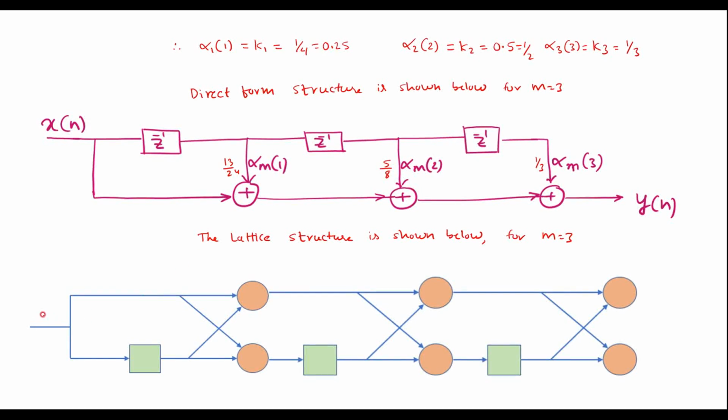So this is the lattice structure. Here we have the input x of n. This is plus, this is plus. Here we have z inverse, and this is nothing but k1. Its value is 0.25. This is k2. Its value is 0.5. This is plus, this is plus. This will be z power minus 2. This will be z power minus 3.